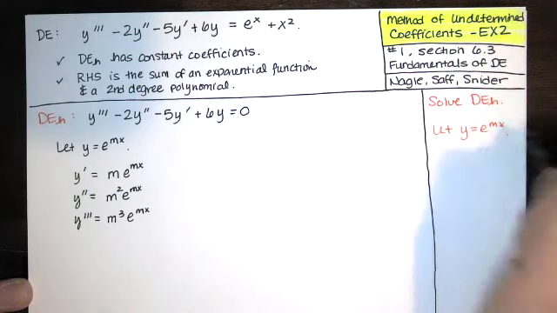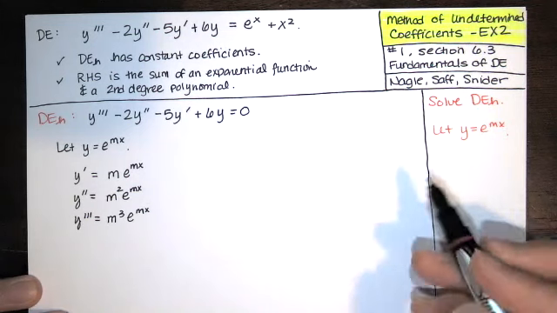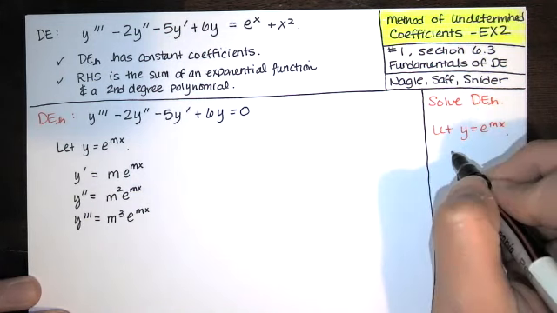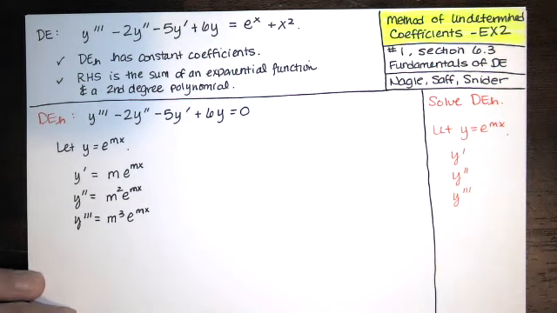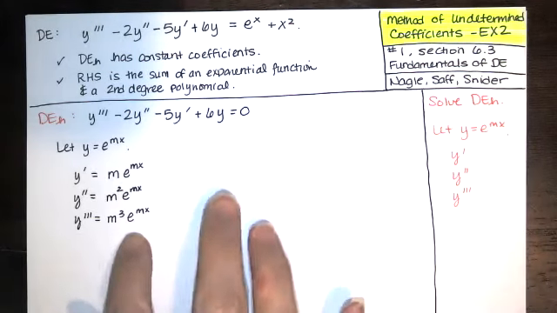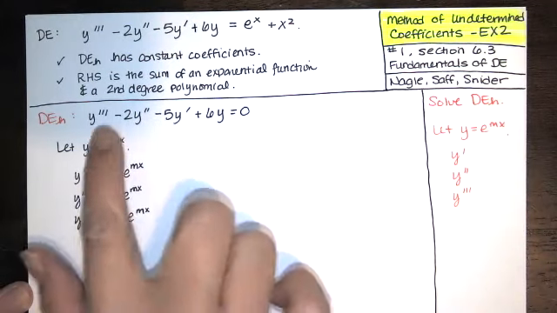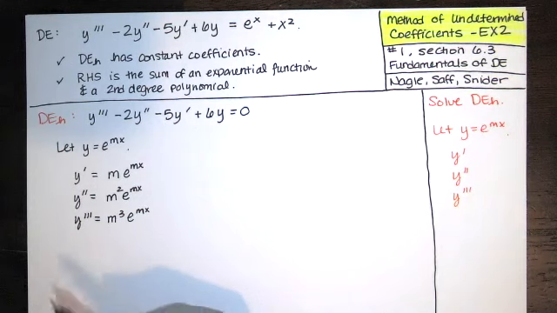If you do nothing else when you're solving a constant coefficient equation, start by letting y equal e to the mx. And then we compute those derivatives. And then we substitute this function and these derivatives into the corresponding homogeneous equation.